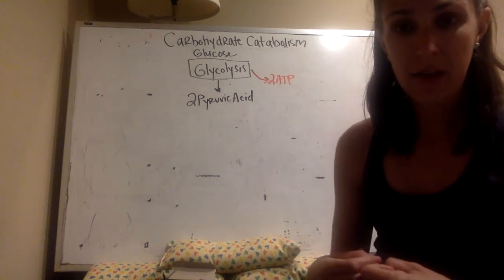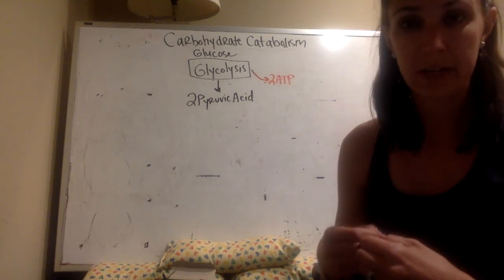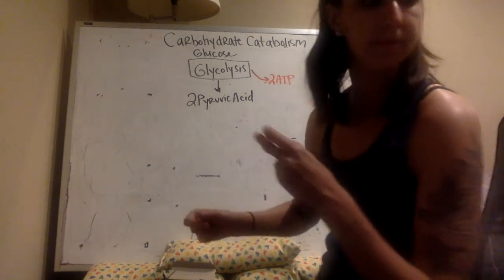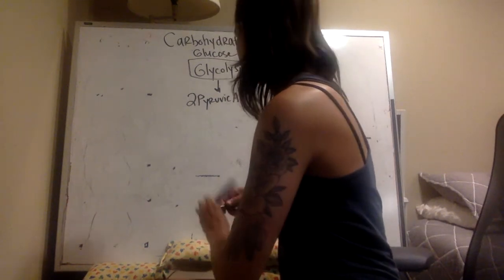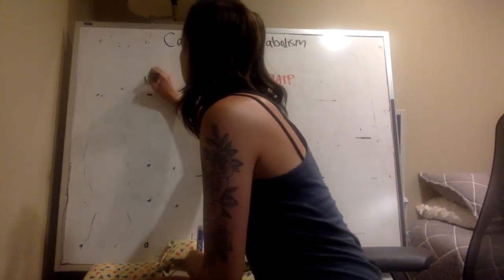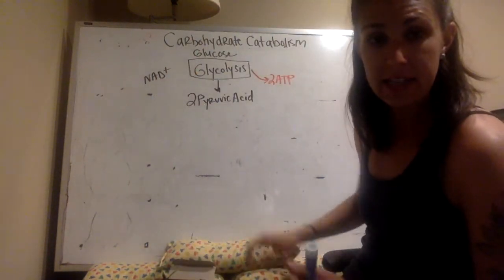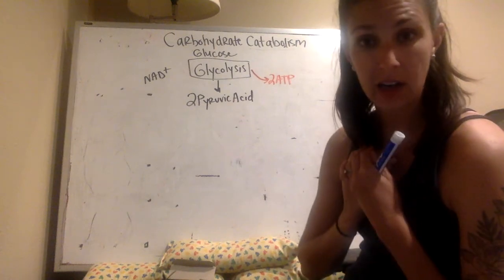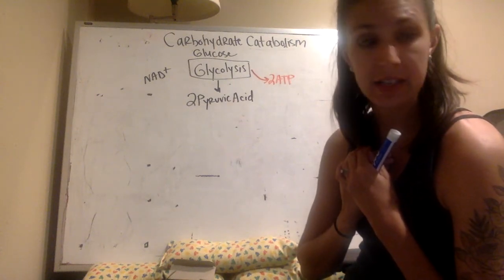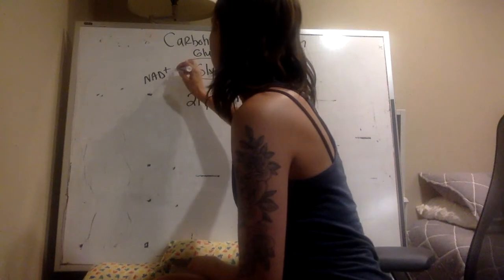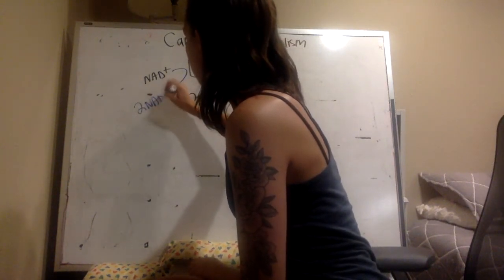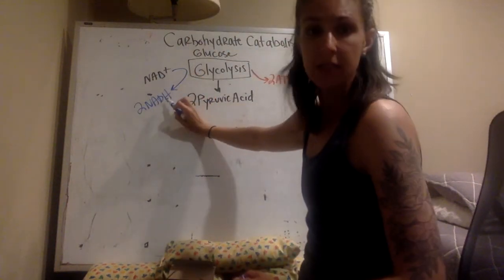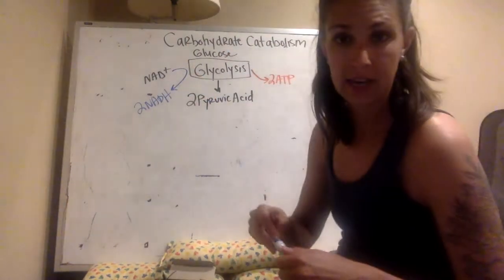All right, the name of the electron carrier molecule that we'll talk about first is called NAD. NAD will be reduced in glycolysis and accept an electron. So when you see the H at the end, that means that it has gained an electron.